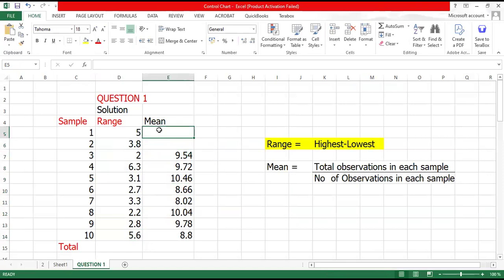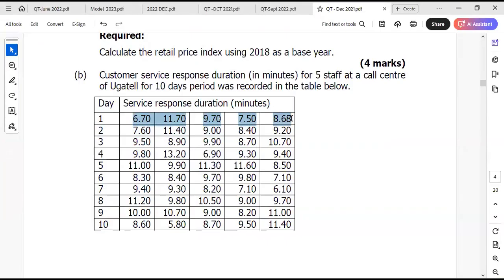In this question, we are only focusing on range. Now, assume the question was about mean. How do you get the mean? You sum up all the values for day one, add all of them, and divide by how many? 1, 2, 3, 4, 5.